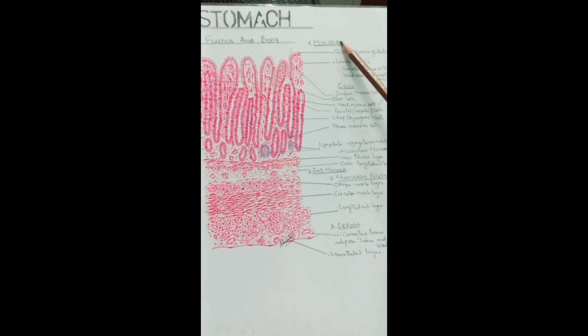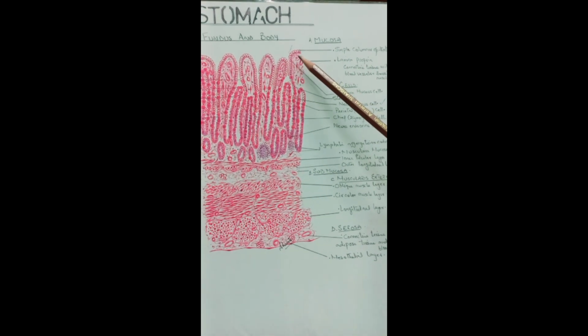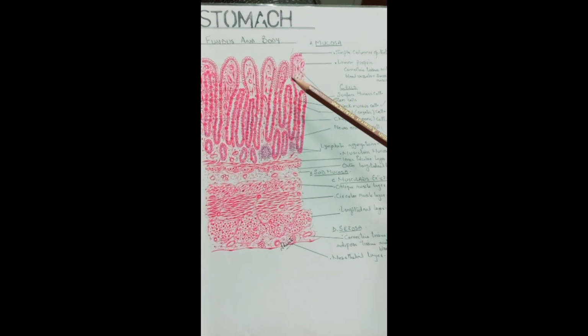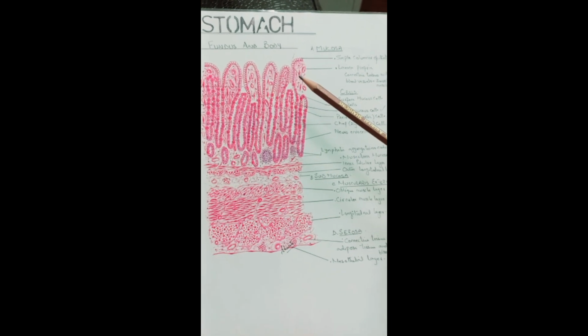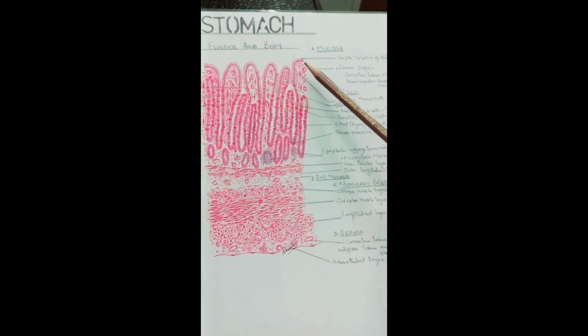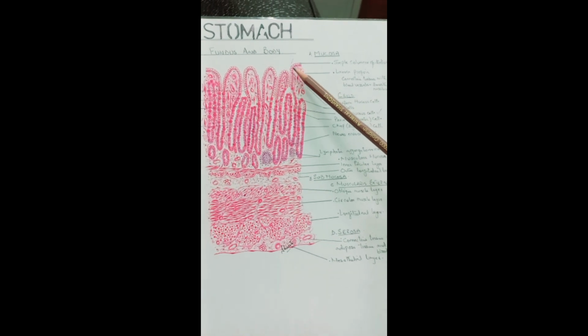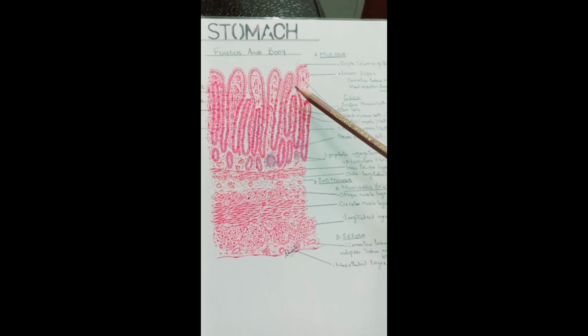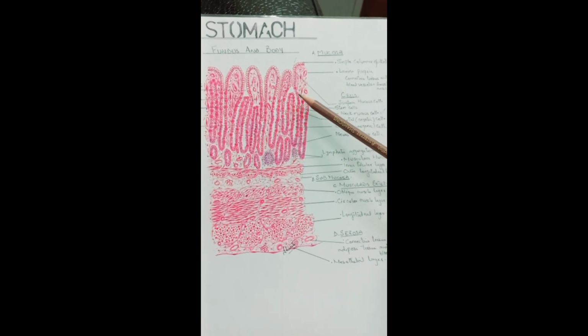Firstly, the mucosa. Mucosa, as you know, consists of simple columnar epithelium in the case of the stomach, but there are a lot of cells present here. First are the surface mucous cells, which are present superficially here. Then we have the mucous neck cells, which will be present almost at this level.